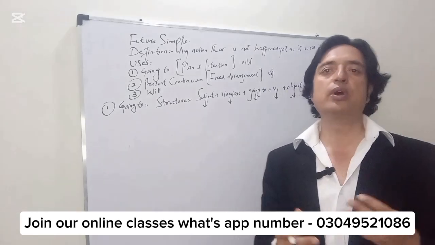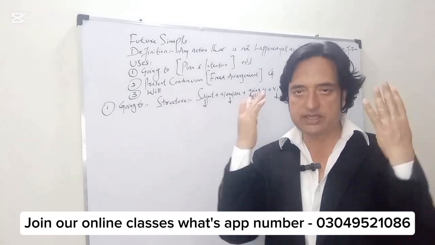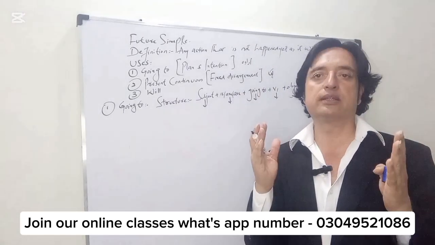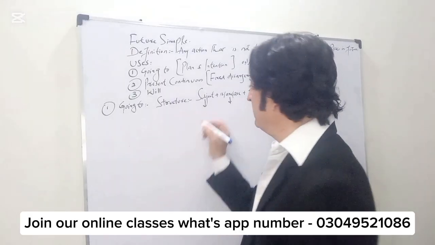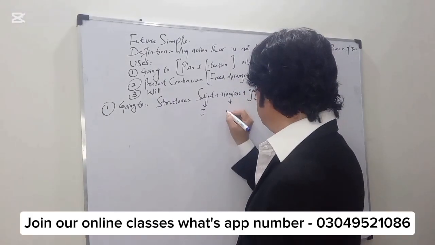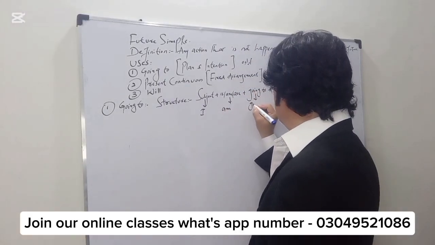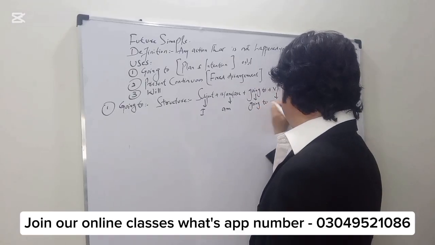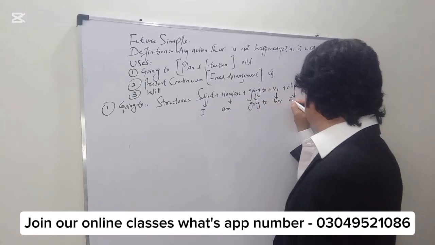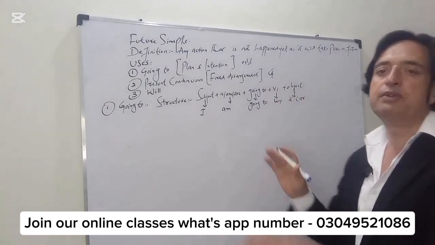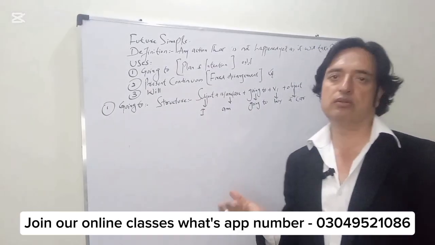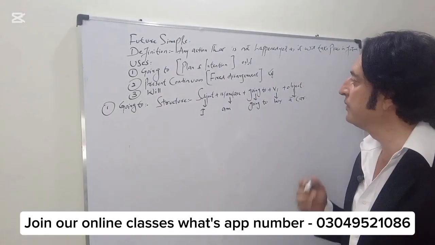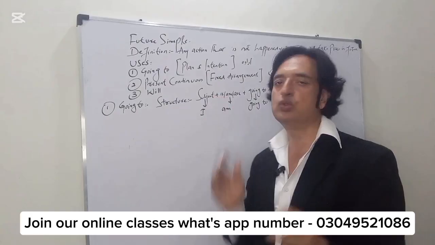Let's say I'm going to buy a car. You have this plan, just irada. I'm going to buy a car. I, with the helping verb am, going to, and verb first form, buy a car. It could be 50-50. Either you will buy it or you will not buy it. So when you have intention, you use going to.